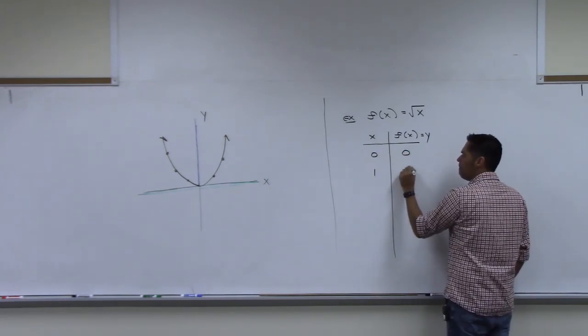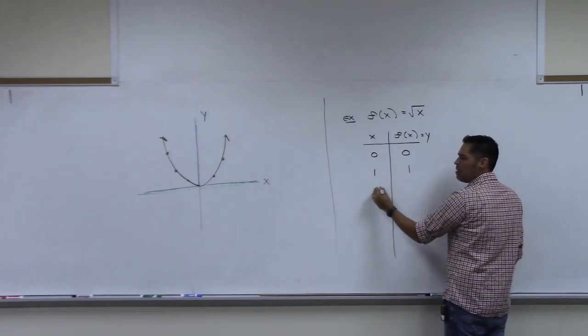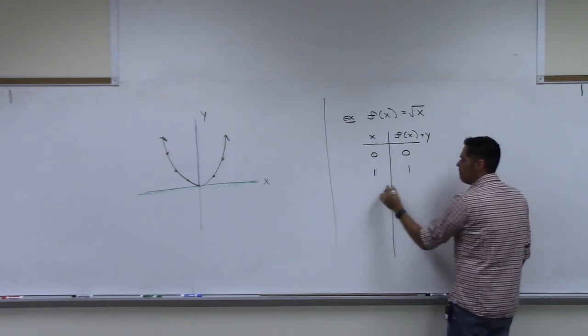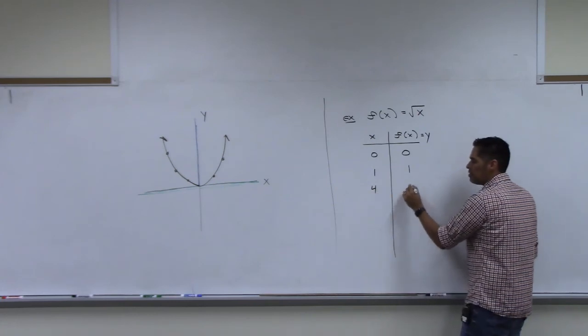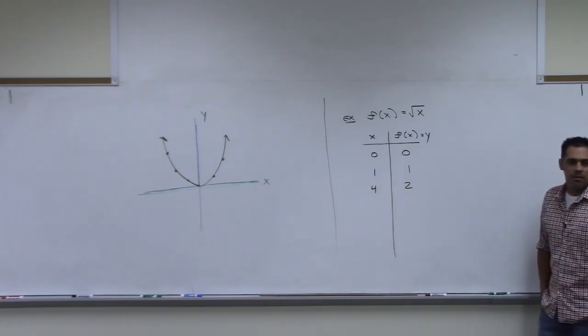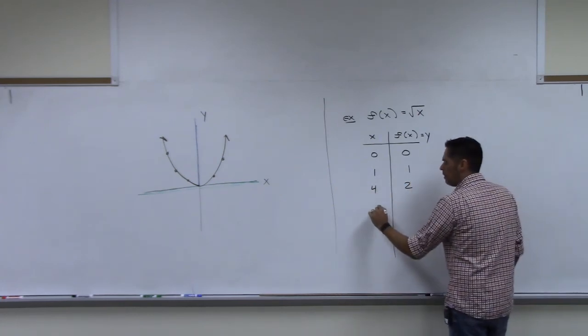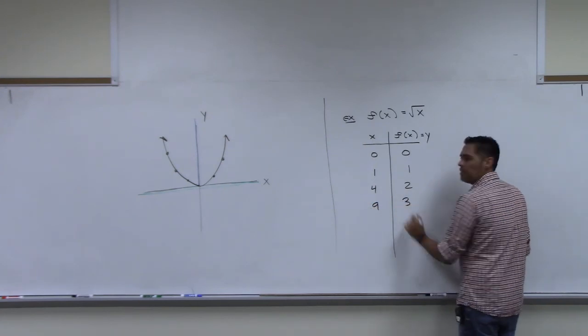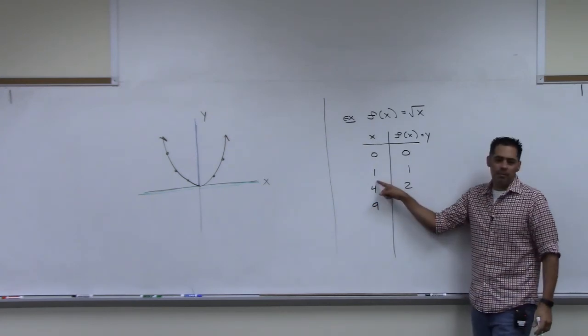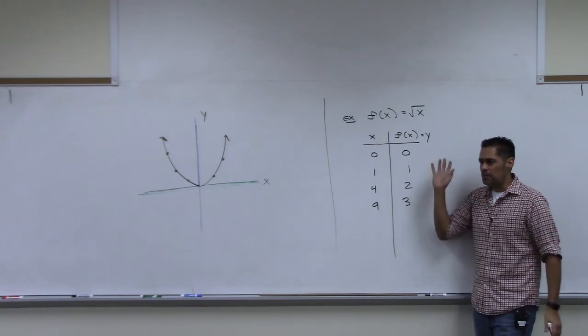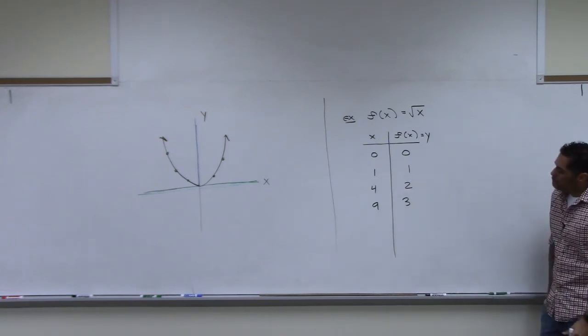Square root of 1, 1. Square root of 2 is, I don't know, square root of 2. But I could put 4 in here because I know the square root of that's 2. I could put, what, the next perfect square is probably 9. I'm just going to spit out 3. Now, I could put numbers in here like 2, but those are decimals. And no negatives, though, right?